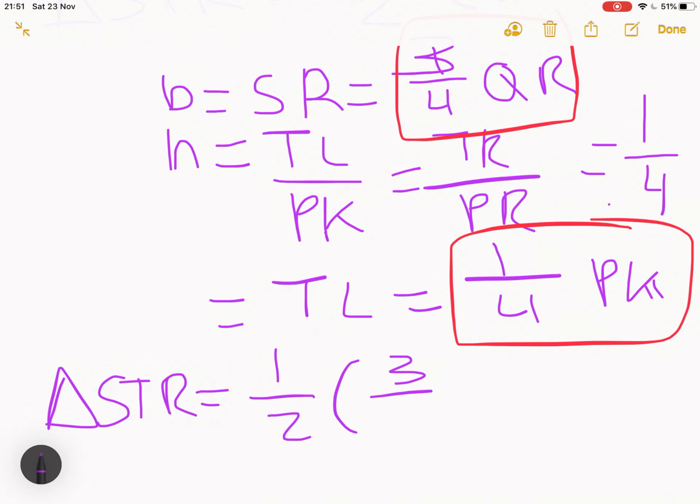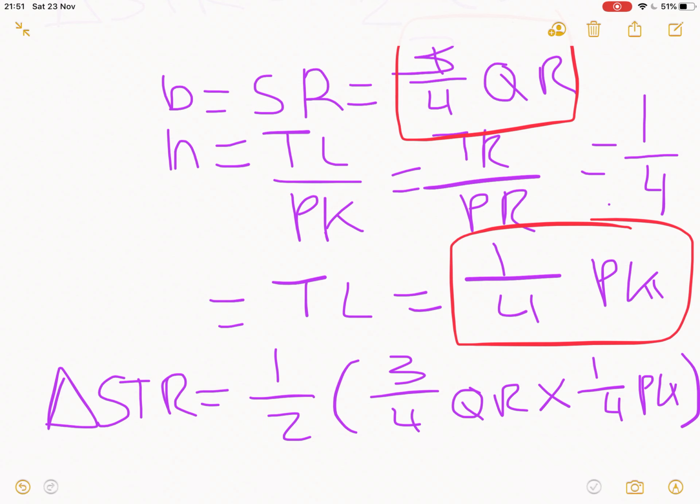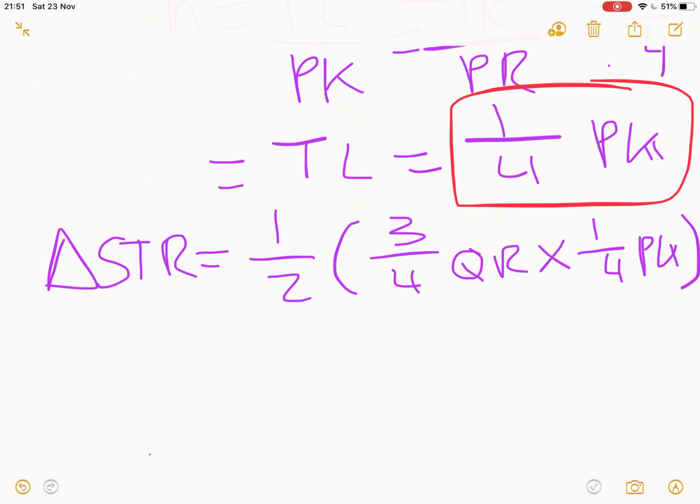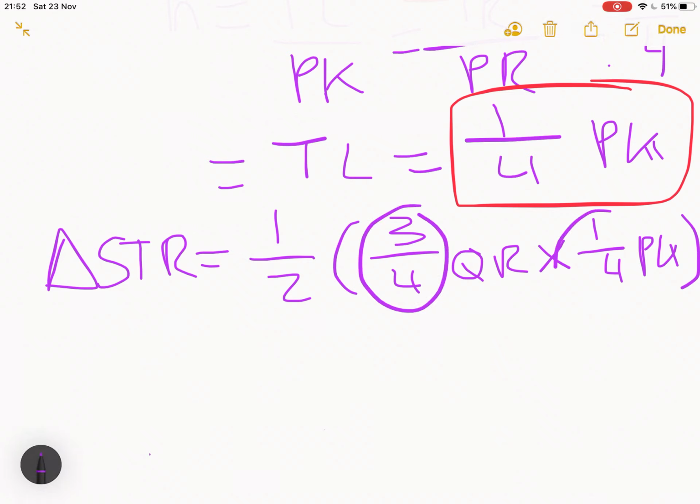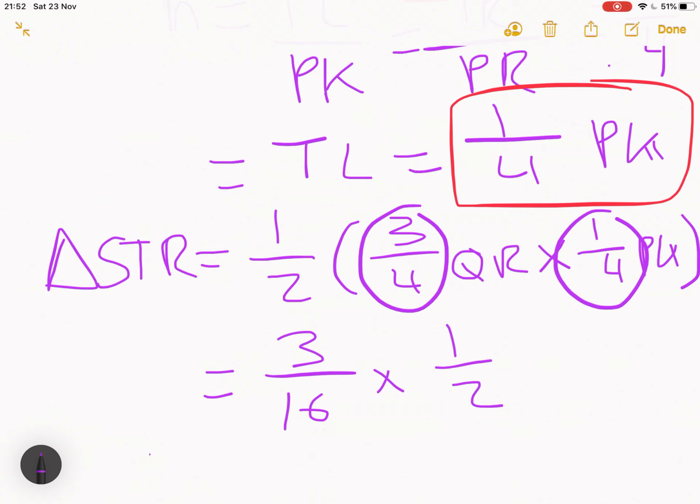So 3/4 QR times 1/4 of PK. So now we can rearrange this to keep QR and PK without there. So we have 3/4 times 1/4 is 3/16. So STR is 3/16 times a half times QR times PK.